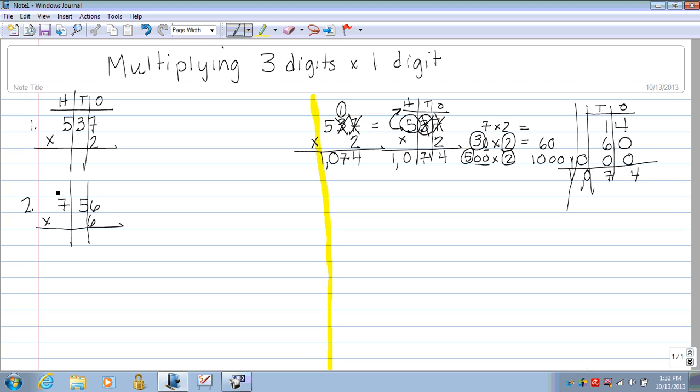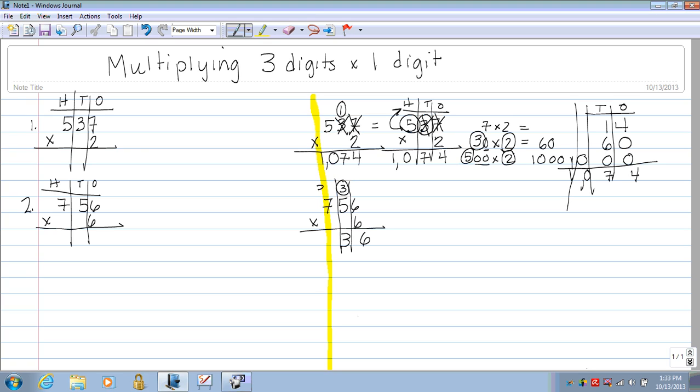Again, you have to remember your place values. 756 times 6. If I multiply 6 times 6, I get 36. I write my 6, I regroup my 3. 6 times 5 is 30, and 30 plus 3 is 33.